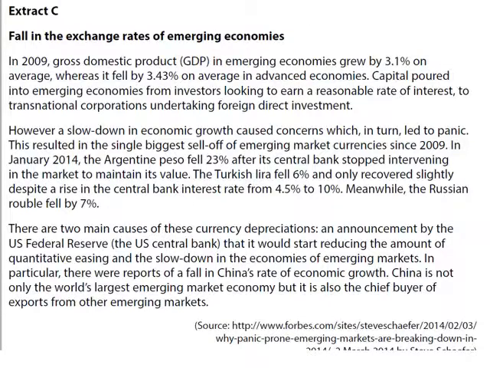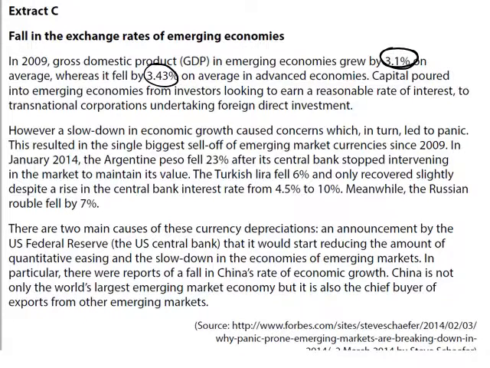Okay, so extract C, fall in the exchange rates of emerging economies. In 2009, GDP in emerging economies grew by 3.1% on average. So it's talking about growth rates there, whereas it fell by 3.4% on average in advanced countries. So in terms of differences between the developing and developed world, it's saying that there was growth in the developing countries, but economic recessions in developed countries.